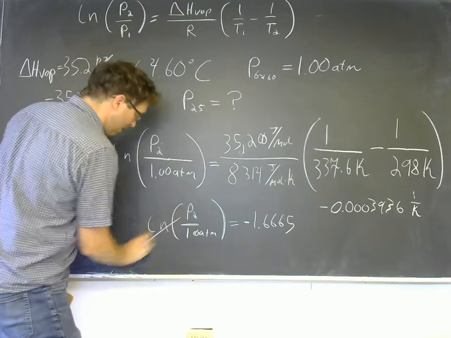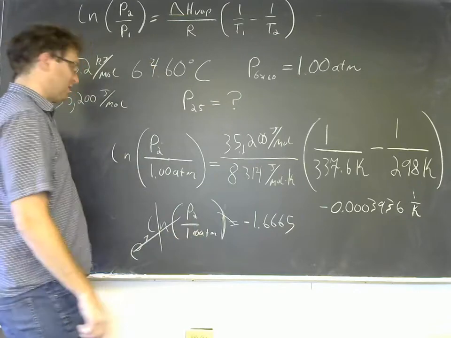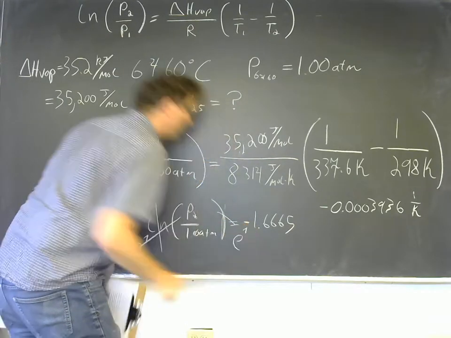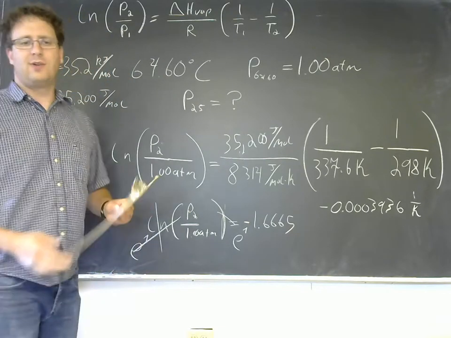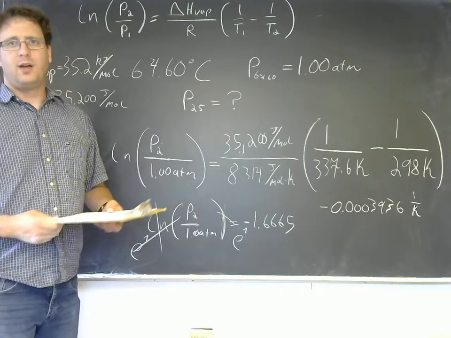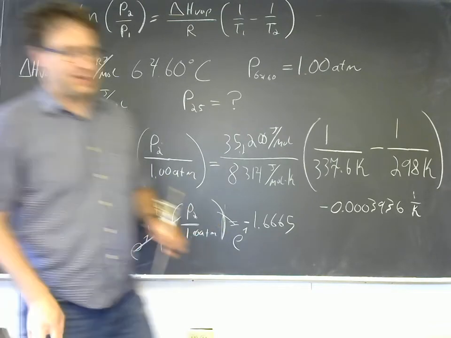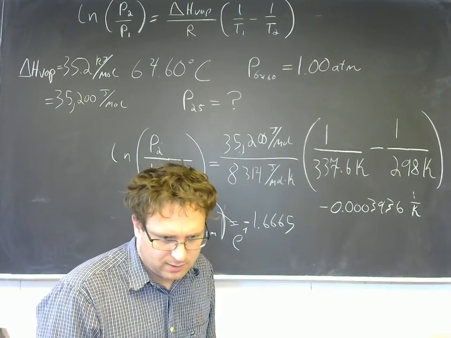So we'll just now have P2 over 1 atmosphere is equal to e raised to the power of negative 1.6665. And if you have a graphing calculator, you'll want to make sure you can figure out where that little e is on your calculator.